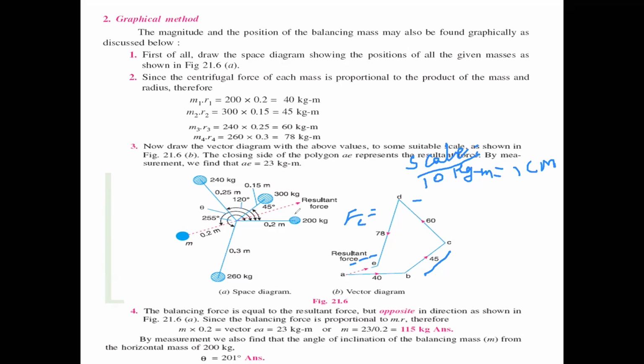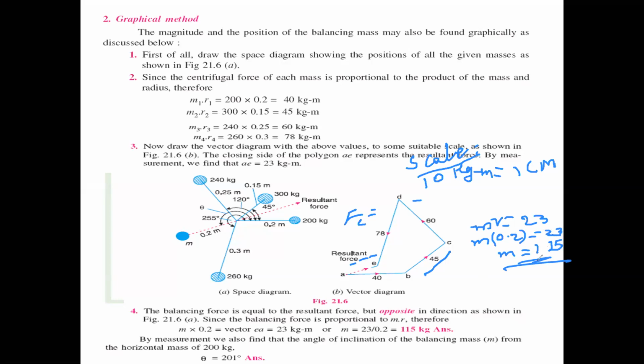FC means MR, so MR equals 23. M is unknown and R is given, that is 0.2. So 0.2 M equals 23, and M comes to nearly 115 kg.